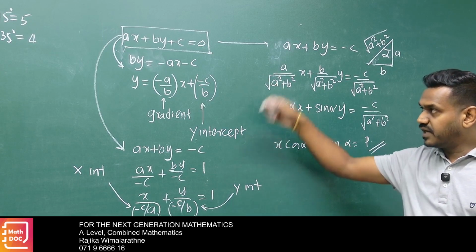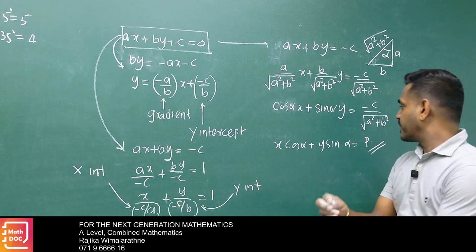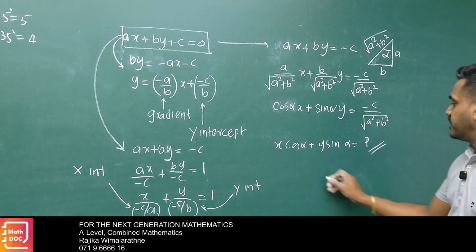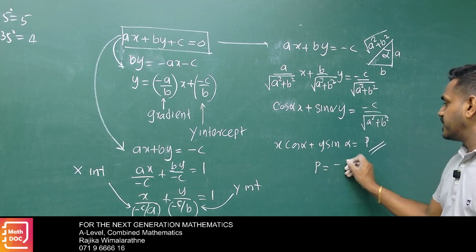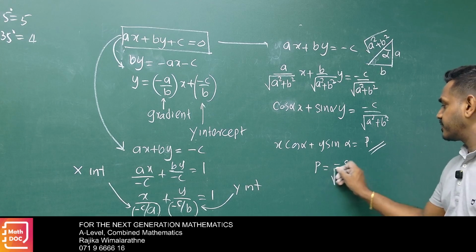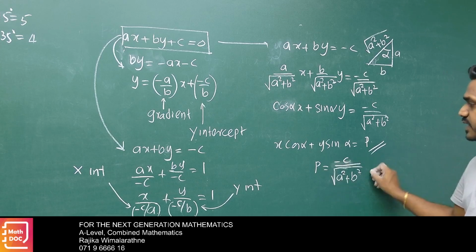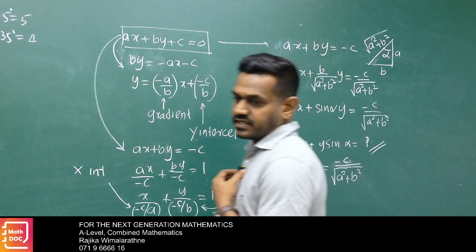But we have to remember how to convert the general form using this special trick. Then this one we say perpendicular distance, minus c over square root of a squared plus b squared. Okay, just write those conversions.